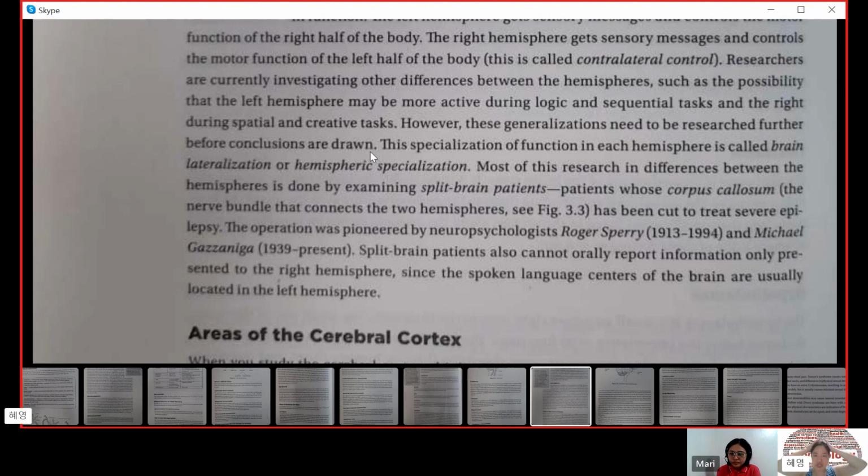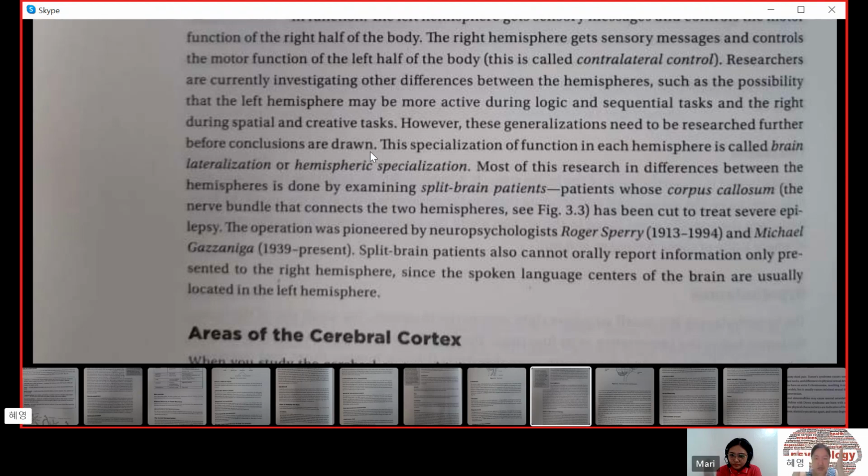Most of the research on differences between the hemispheres is done by examining split brain patients, patients whose corpus callosum, the nerve bundle that connects the two hemispheres, has been cut to treat severe epilepsy. The operation was pioneered by neuropsychologists Roger Sperry and Michael Gazzaniga.